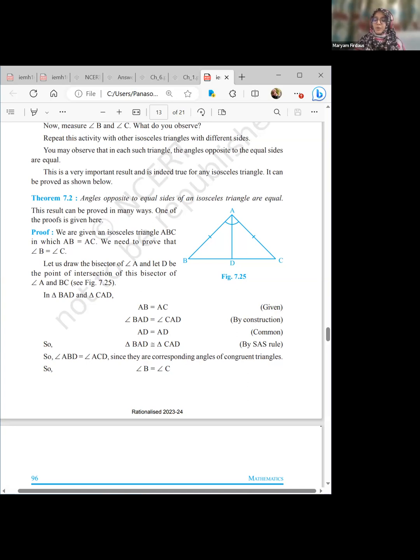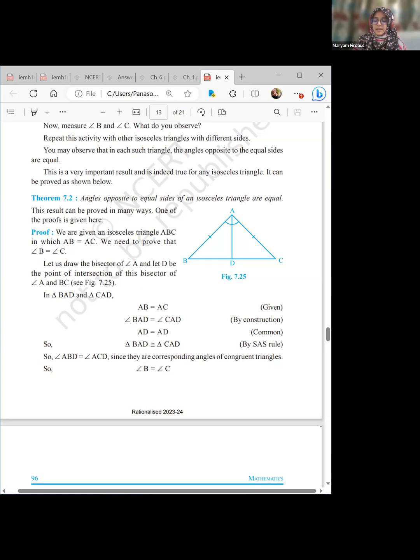What is an isosceles triangle? Where two sides are equal. Very good. So if you have an isosceles triangle, these are the two equal sides.